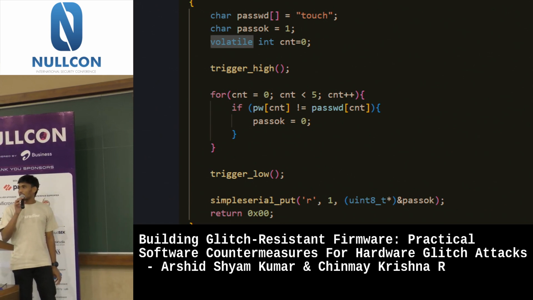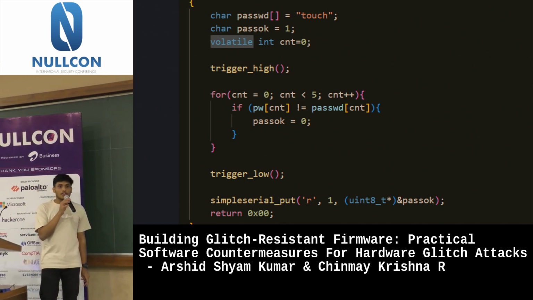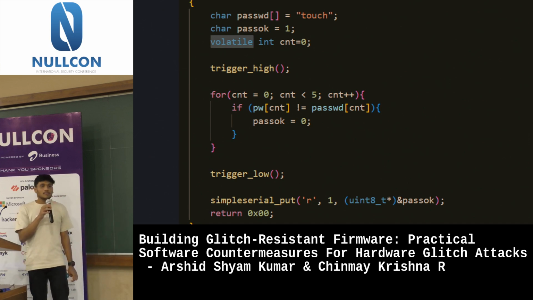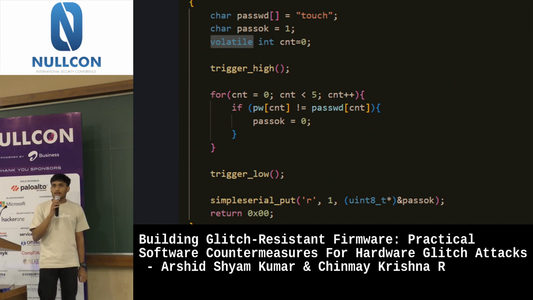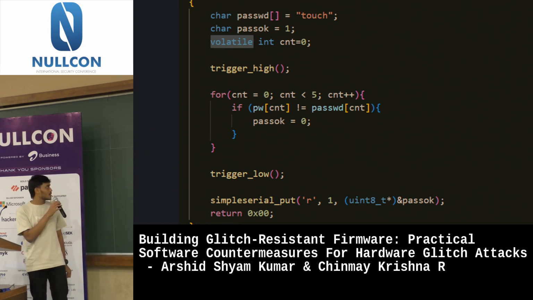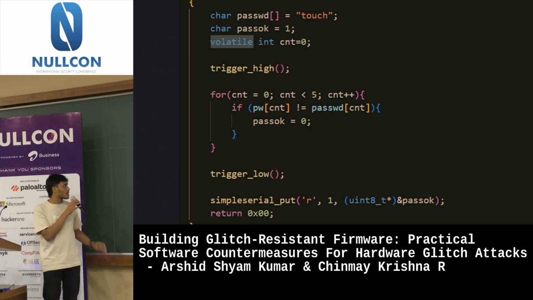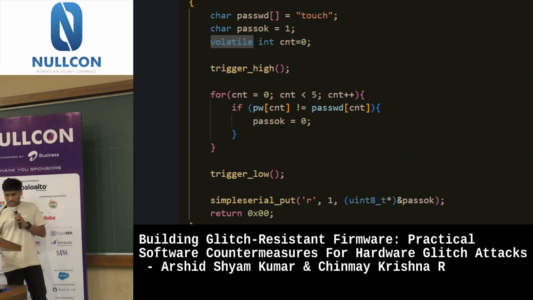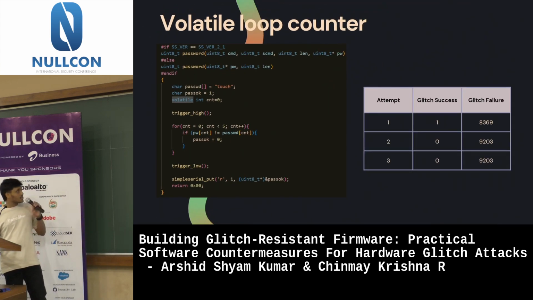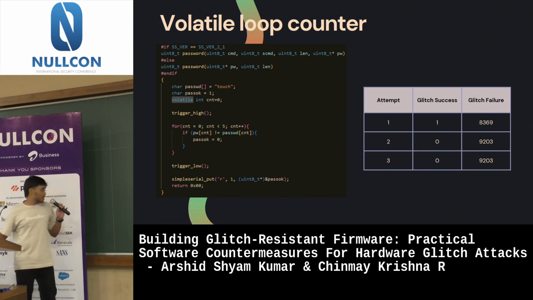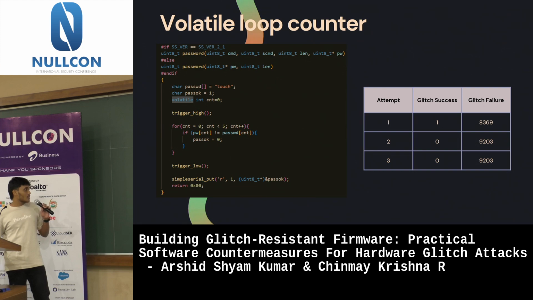Essentially what volatile does is it makes sure the compiler, in this case a GCC version of the C compiler, does not optimize your code and leaves it in the raw format. Just by adding this keyword, the glitch success rates in our tests show a significant drop, almost like 1, 0, and 0, and previously it was like 80, 60, and 50.